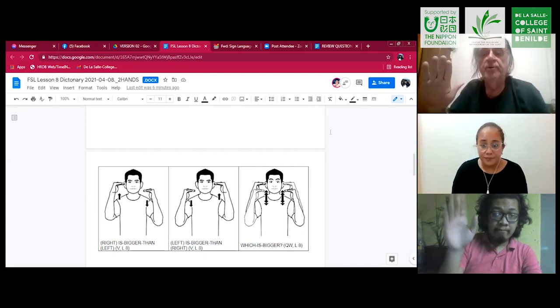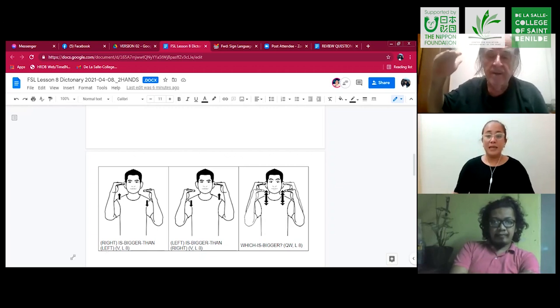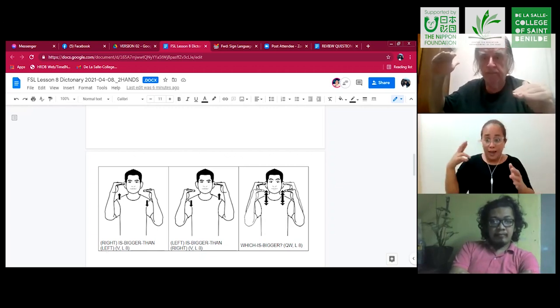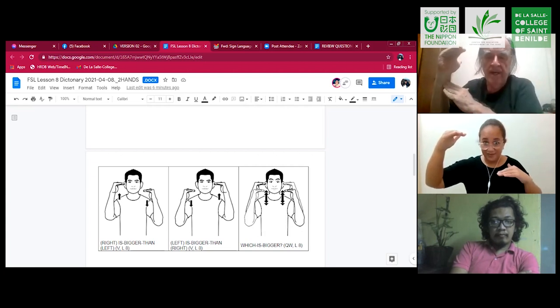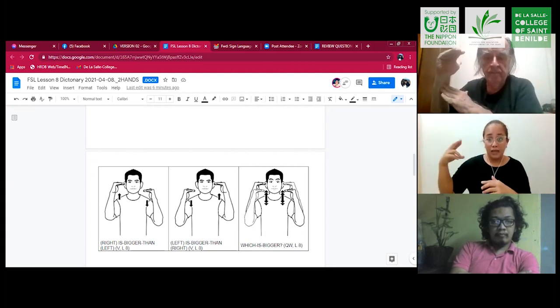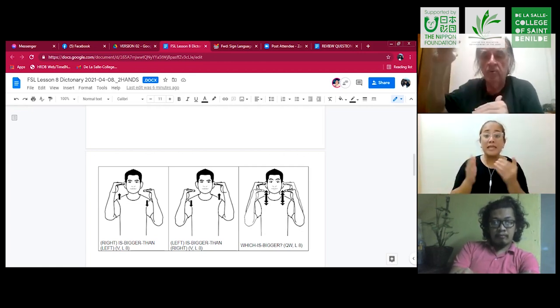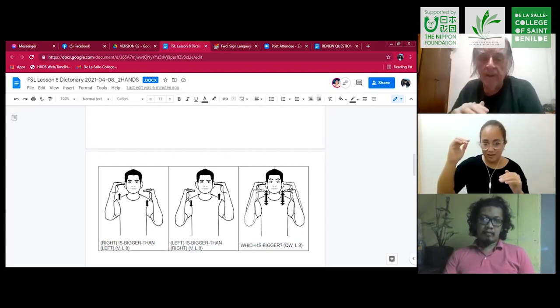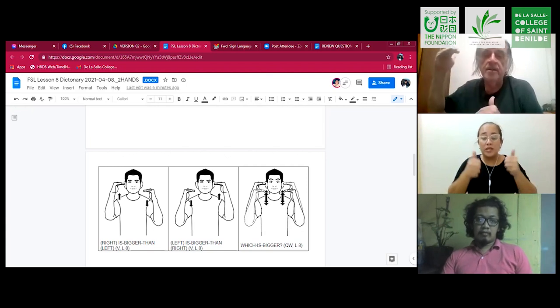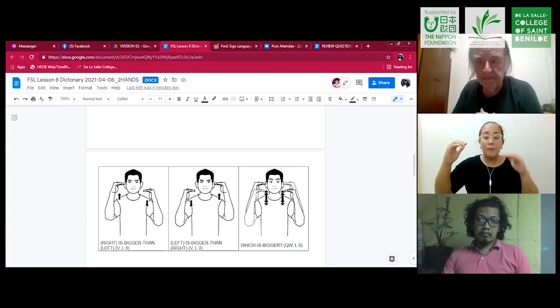So let me try one more time. Right is bigger than left: the right hand, the dominant hand, is higher, and the movement is simple, just one simple movement. Then which is bigger? The right hand is higher and the movement is more complex.